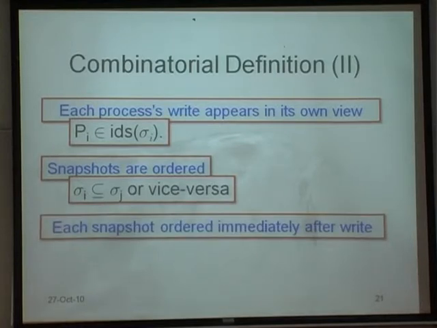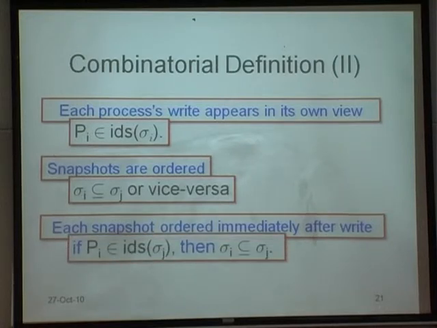So the next one says that when I write, then I take a snapshot immediately afterwards. It's not the case that I write, a bunch of other things happen, and then I take a snapshot. So what that says is if P_i's input appears in j's view, then what P_i saw is possibly the same or possibly less than what j saw.